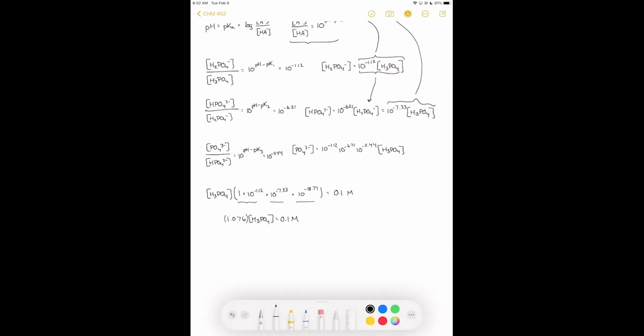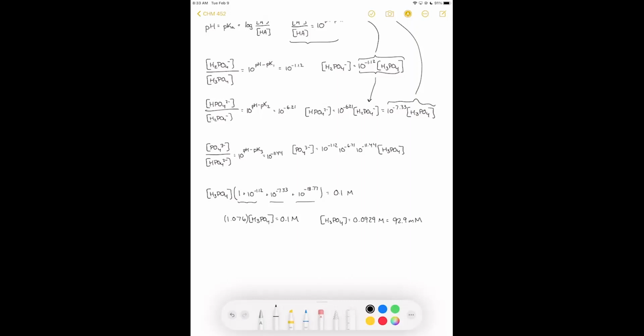So we can divide 0.1 by 1.076, and that gives us 0.0929, and I'm going to write that in terms of millimolar because I like whole numbers better than fractions. This gives us H3PO4 is equal to 0.0929 molar, or 92.9 millimolar.